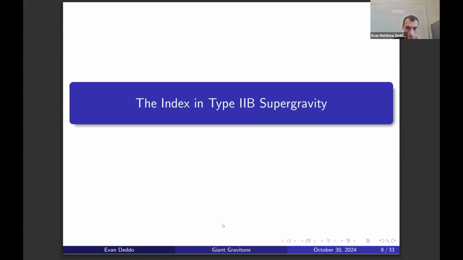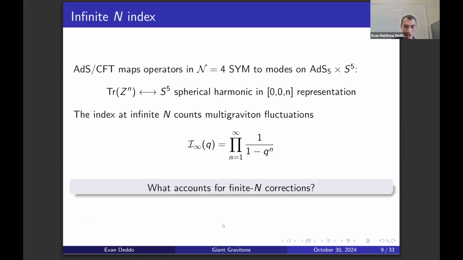Now I will describe how to interpret this index in type IIB supergravity. We know, and this has been known for much longer, that this infinite N index corresponds to multi-graviton fluctuations in the AdS5 cross S5 description.